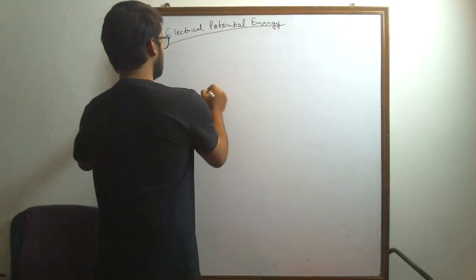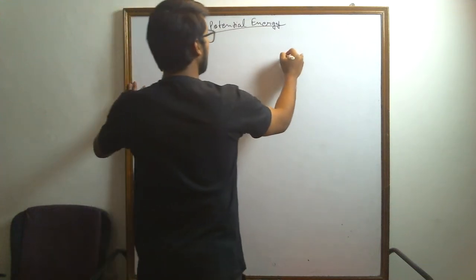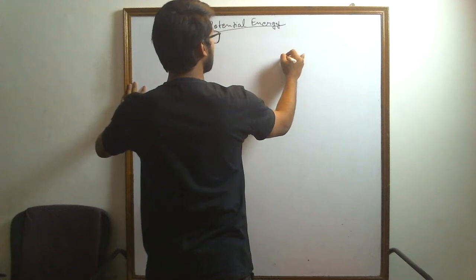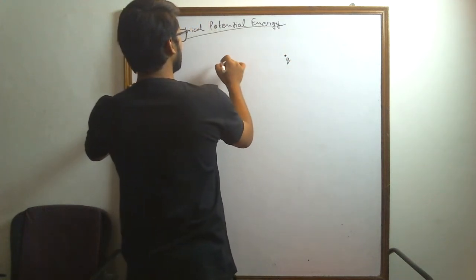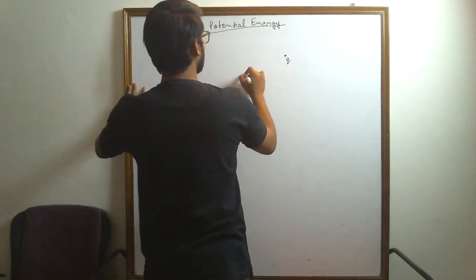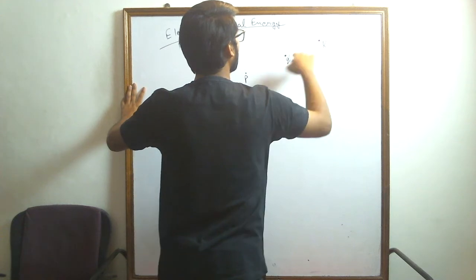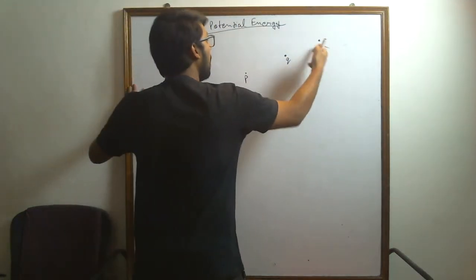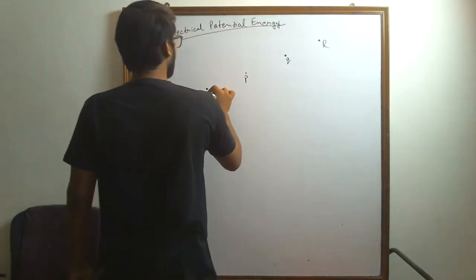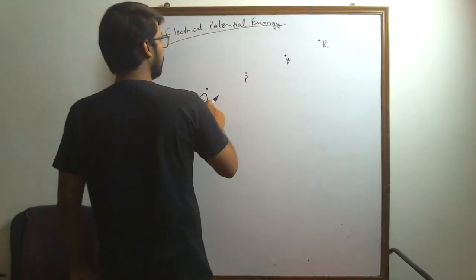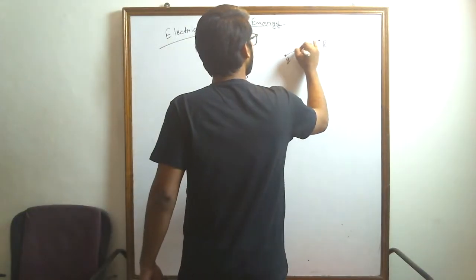Electrical potential energy, if I have a charge capital Q, this is the source charge, and I have a charge small q like this, and I want to take this q from R to P. Now, why am I taking it from R to P? Because the force on q due to capital Q is repulsive.